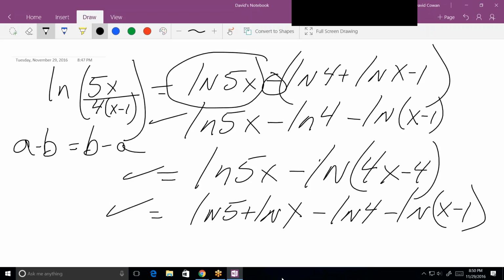Well, I'm not sure if you mean the associative property or the commutative. The commutative applies to addition. A plus B is equal to B plus A, but not subtraction. A minus B is not equal to B minus A. It does happen to be equal to the negative of B minus A.